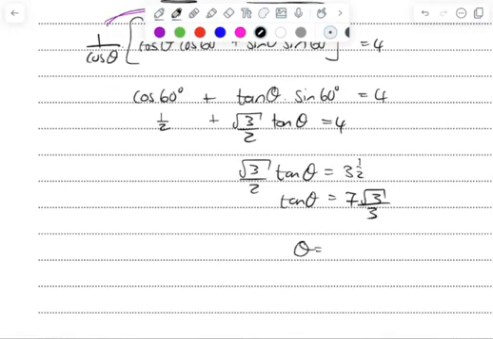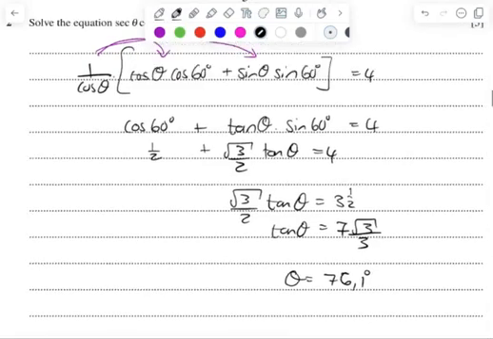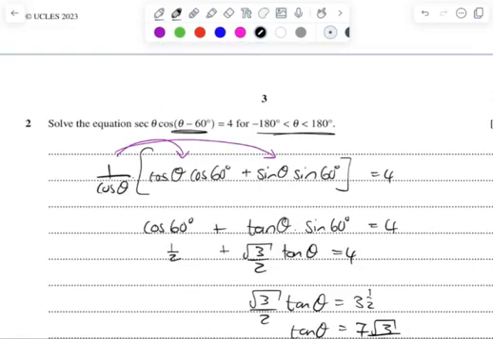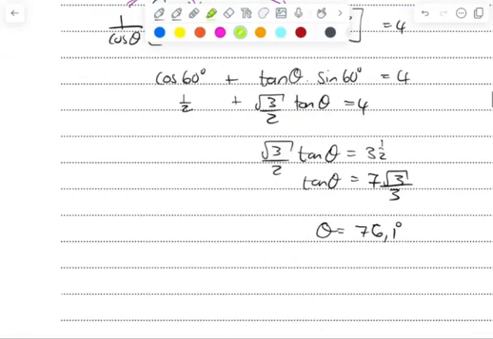And so now if I get the inverse of tan, I just plug in that answer and I'm getting a value of 76.1 degrees. Okay, so that is my reference angle. It's not my only answer, so I've got to go and find what are my different answers in this. Okay, we need to be looking in the interval of minus 180 and 180. So I always like to just have a sketch on the side.